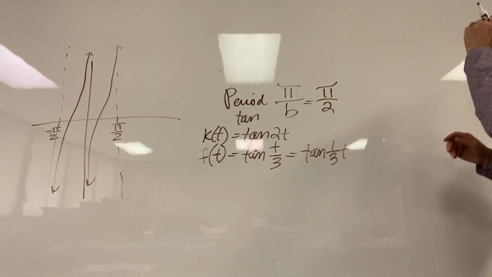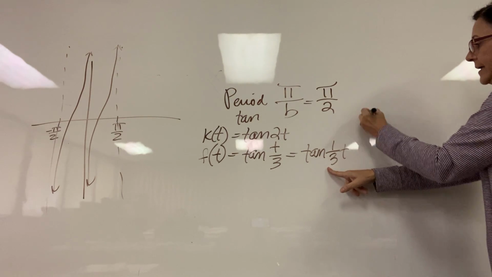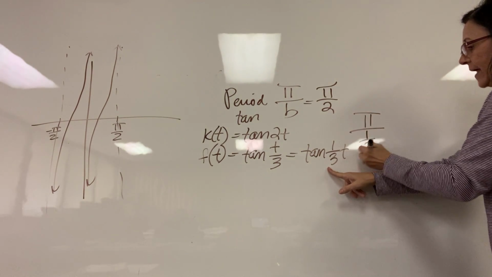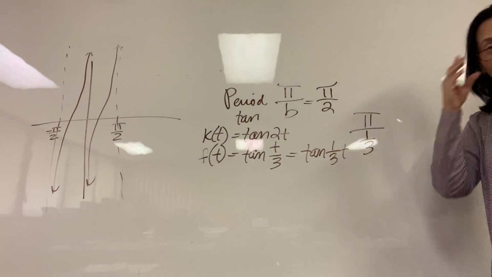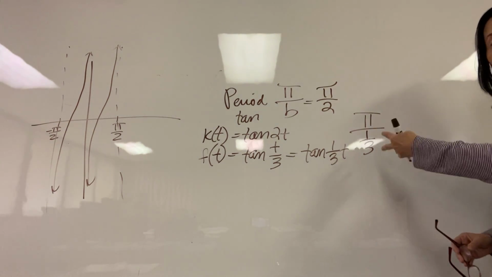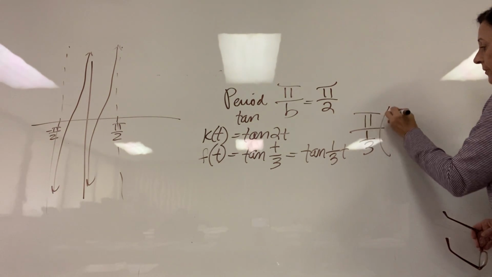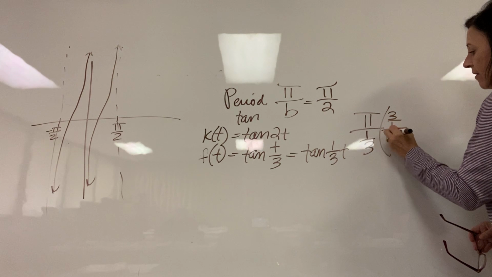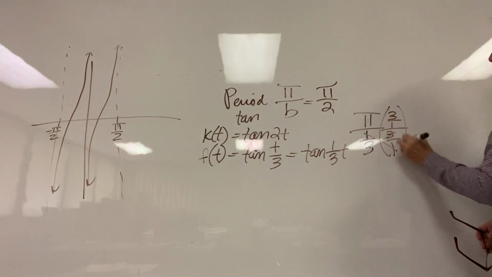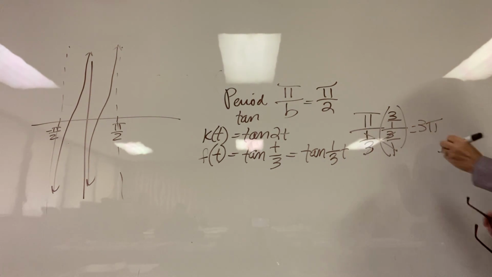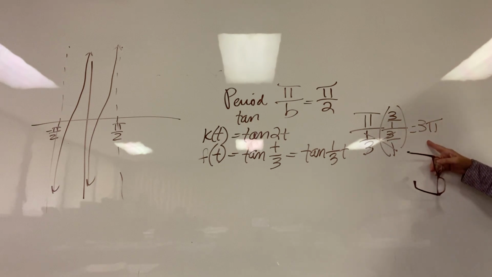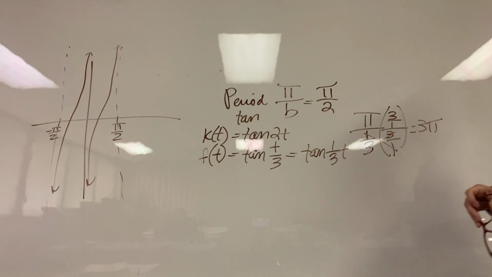All right, so we take pi divided by that b value, 1/3. But remember, to rationalize it, we multiply by the reciprocal over itself, so that one complete wave of the tangent curve is going to take 3 pi.